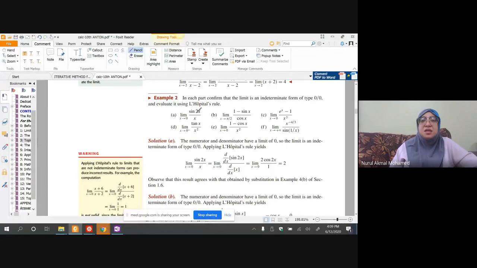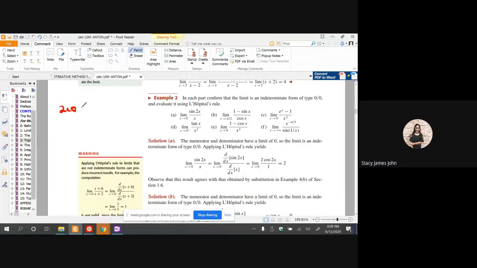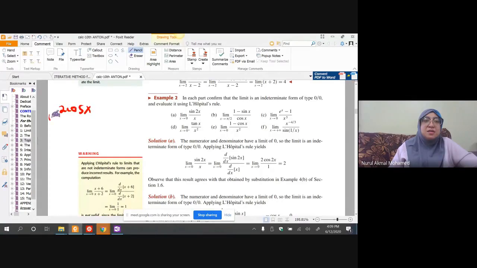So you differentiate sine 2x, you will get 2 cos 2x. Okay, the limit x tends to 0. Okay, 2 cos 2x divided by 1. Cos 0 gives you 1. So the answer is equal to 2. Okay.